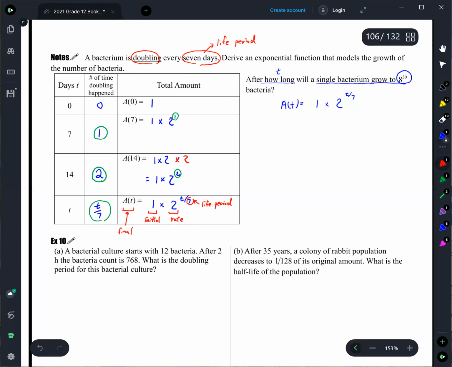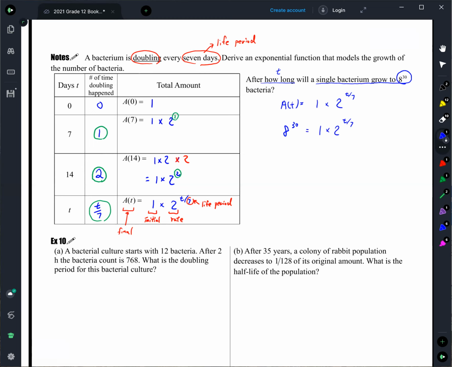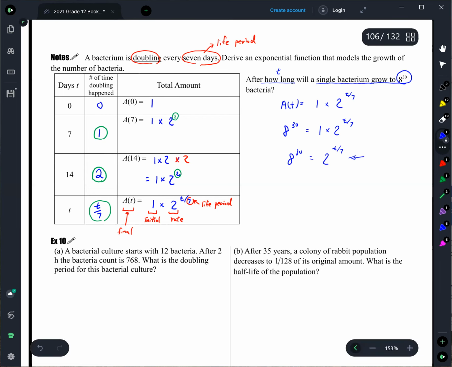So your final amount, you want it to be 8 to the 30. So you put it on the left side, 8 to the 30 equals 1 times 2 to the t over 7. The 1, you could just make it invisible. Anything times 1 doesn't make any difference. So we just write it as 8 to the 30 equals 2 to the t over 7. Okay, so this is called an exponential equation.